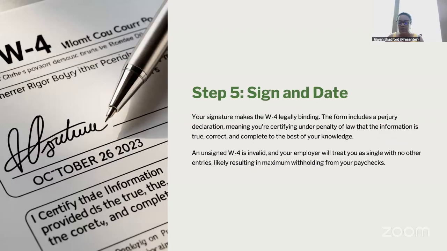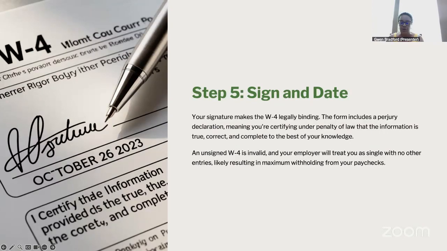Now, I'm going to take questions, but let me just make this clear, because some people get confused with a W-4 and a W-2. A W-4 is what you tell your employer, what status and how much extra you want to come out of your paycheck every time you get paid.